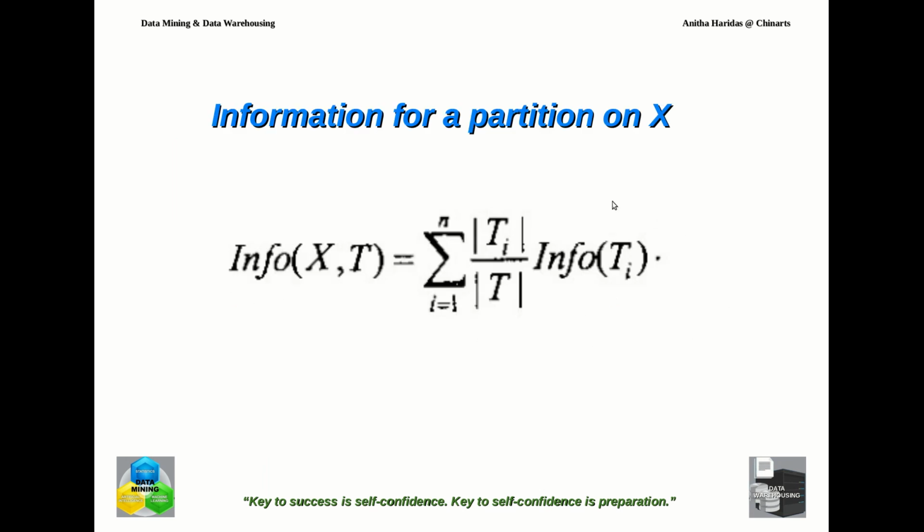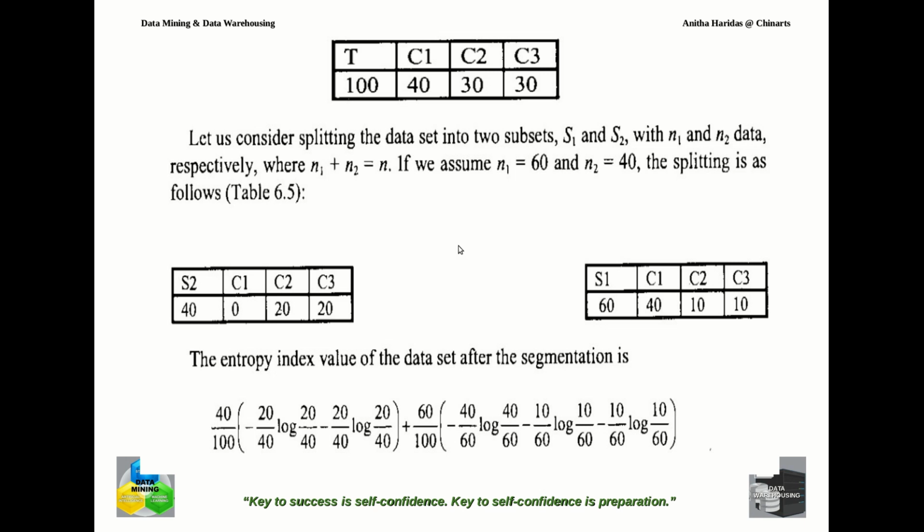So this is the formula for calculating the info value: information of splitting, or partitioning, the training data set T on a non-class attribute X. We have seen an example here where out of 100 records, 2 partitions are created, S1 and S2. S2 is having 40 records, S1 is having 60 records.